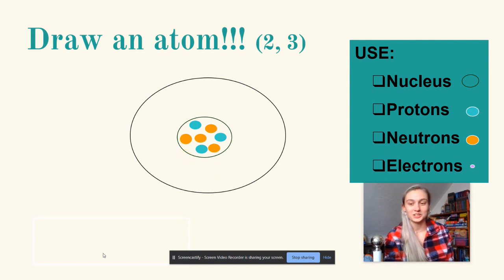Yay. I went a little nuts with my animations. Sorry, I'm obnoxious. And then where are the electrons? These little ones. The electrons are going to be the smallest particle. Remember, they weigh basically nothing. And those are in the electron cloud, which is represented by the circle. So we have our electrons on the outer circle.